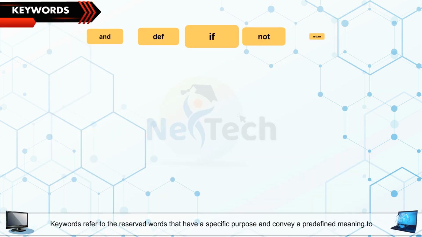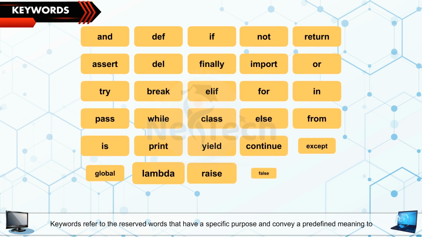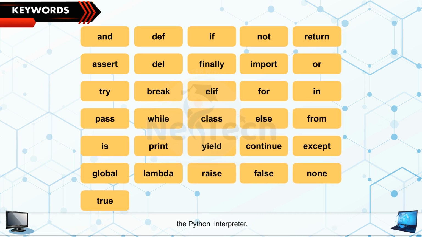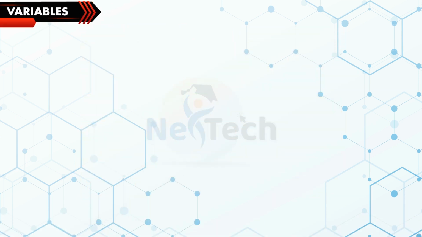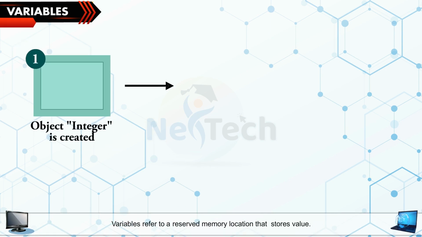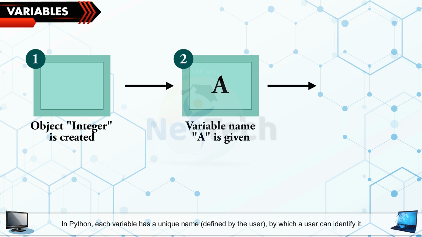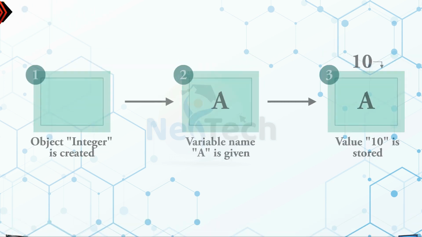Keywords. Keywords refer to the reserved words that have a specific purpose and convey a predefined meaning to the Python interpreter. The list of keywords used in Python programming is given here. Variables. Variables refer to a reserved memory location that stores a value. In Python, each variable has a unique name defined by the user, by which a user can identify it.